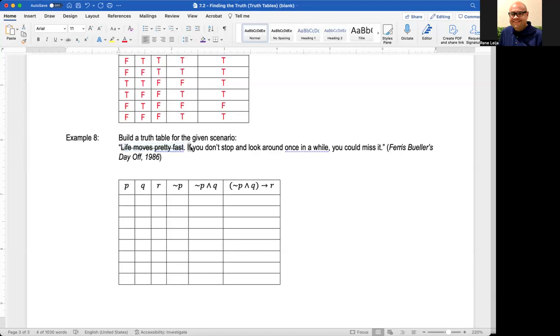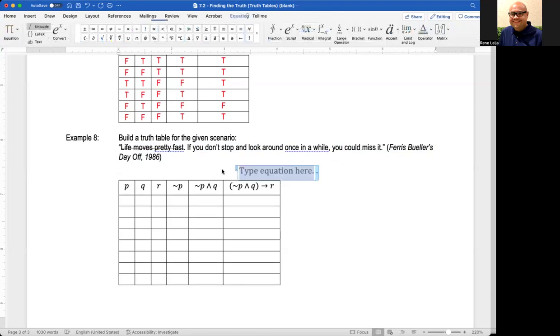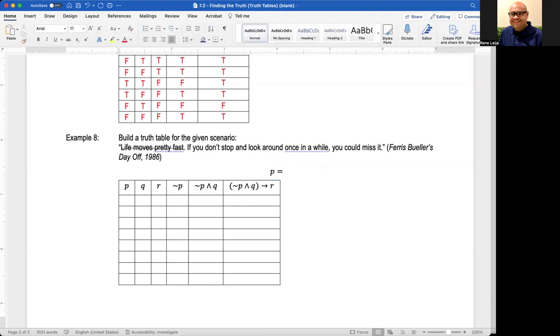If, that's the beginning of a conditional. So if blah, blah, blah, then here's the implied then, you could miss it. All right. So here we go. So P, Q, and R. I'll change the color in a minute. So P is going to be this first part. You don't stop.